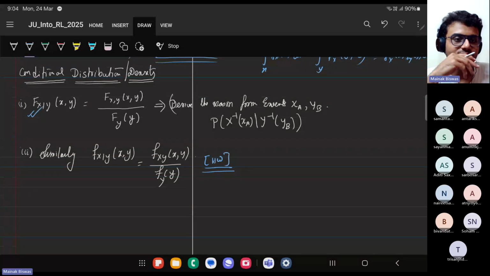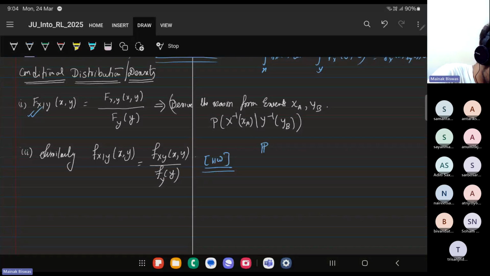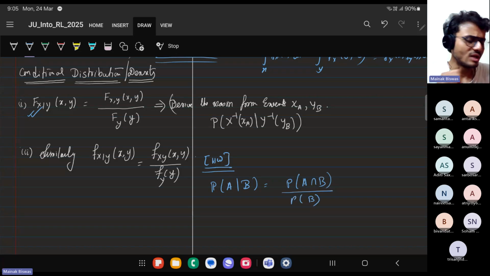Okay, so we have to say what a conditional density and a conditional distribution are. Recall that a conditional event has probability of A intersection B by probability of B. Now I have to find the conditional function itself, that is f of x given y. Say y is given to me, then what is the probability that x is some value?